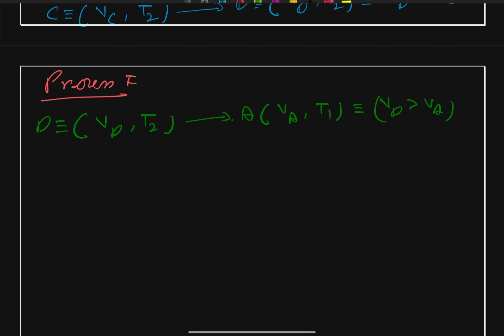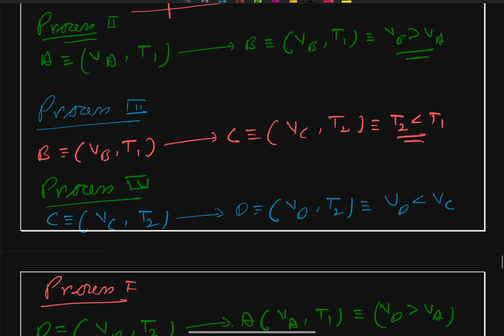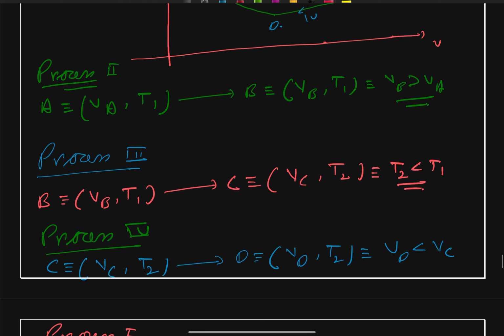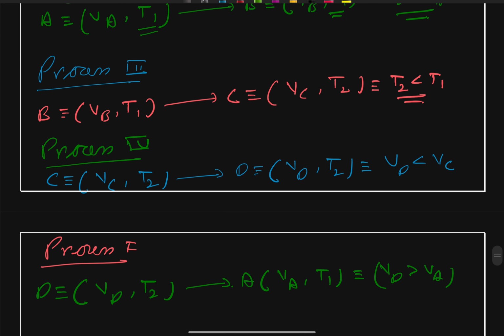So from process 2, our temperature is the same. So we can say process 2 is an isothermal expansion because volume is increasing.